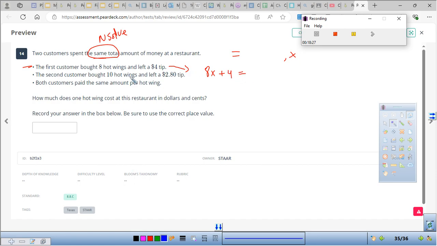On the second one over here, 10 wings, and this will be in blue, because we don't know how much each one costs, and he left a $2.80 tip. Such an odd tip number. Both customers pay the same, that's where this comes in right here, the same. For a hot wing, how much is a hot wing? Yeah, comma x right there. And there she goes.